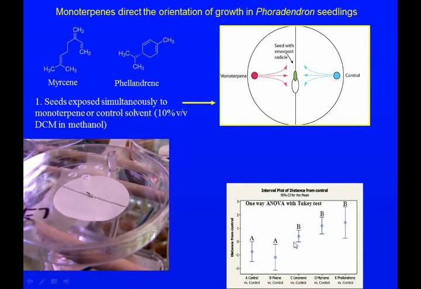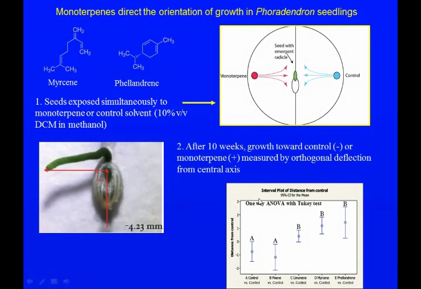And you can see the one-way ANOVA test here with some of these, like limonene, myrcene, and phellandrene. They're significantly different than control. But one of these monoterpenes, pinene, showed no difference from the control. So it doesn't like pinene, things you'd get from a pine tree. And by the way, this mistletoe never occurs on pine. But it is going after these others.